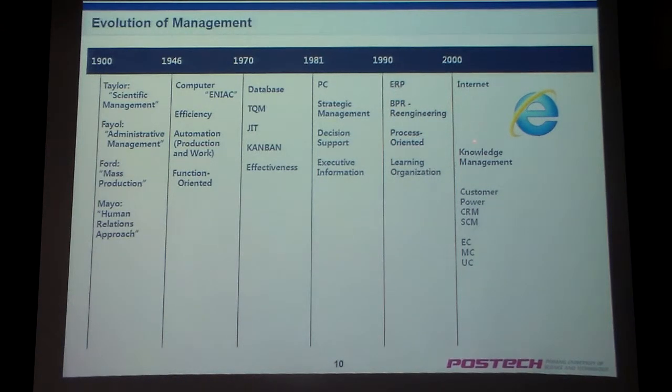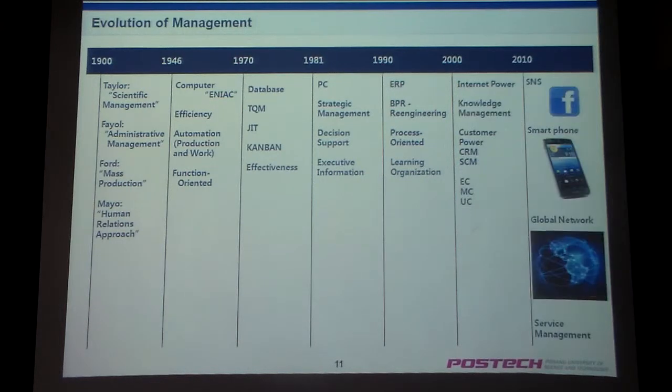Because of the activation of the internet, all kinds of internet commerce systems were vitalized. And then in 2010, SNS, social network systems, Facebook, Twitter, LinkedIn, all kinds of social network systems were vitalized.